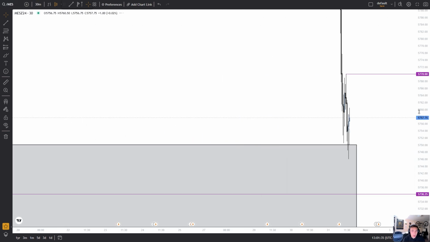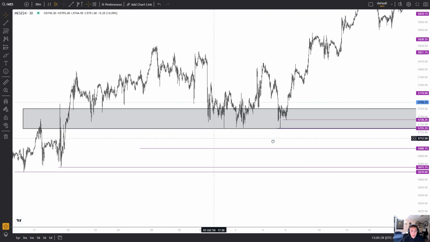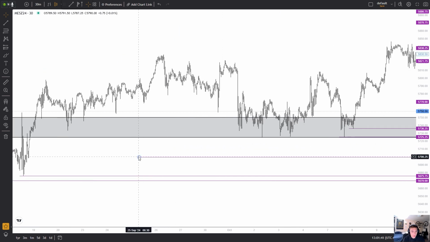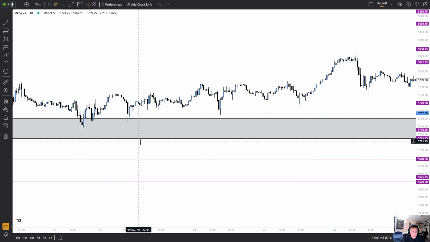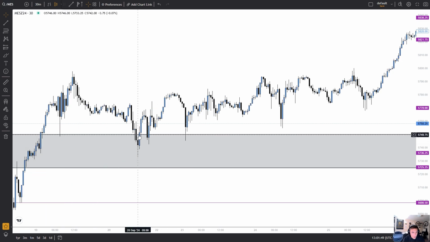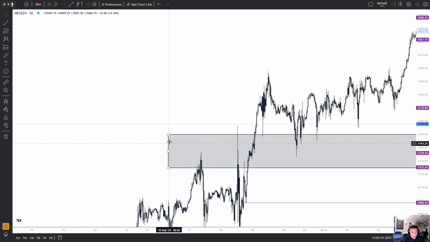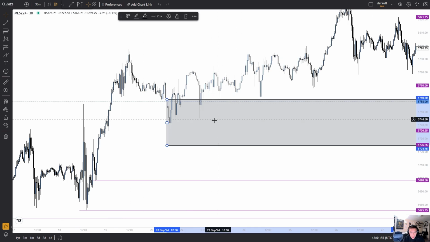Swing setups that we could possibly be looking at. Right here, I marked it out in a lot of my other videos, but we have a big order block, the leg down prior to the break of structure to the upside. I didn't mark it out, but this is a really good example of an order block.